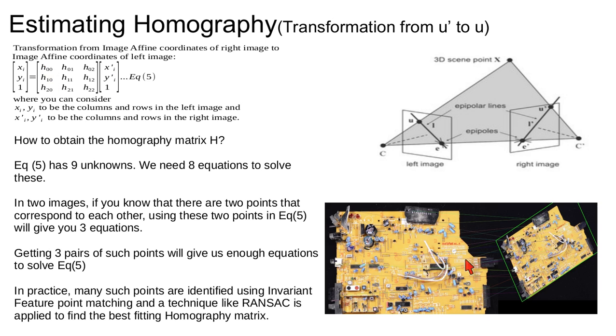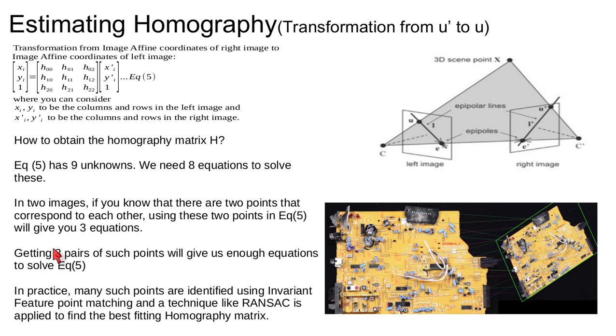If you get 3 such pairs of points, so that means if you get a point from the reference image, let's say you get this point, and let's say this point. And you are also able to identify the 3 corresponding points in the other image. Let's say this point, and this point. You would be able to plug in these coordinates into equation 5 and obtain a sufficient number of equations that will be able to solve for the values in the homography matrix.